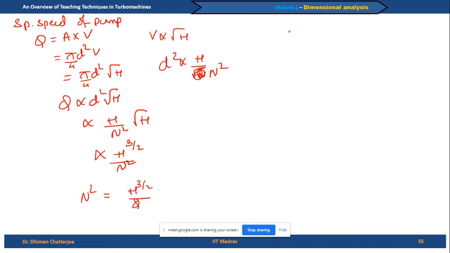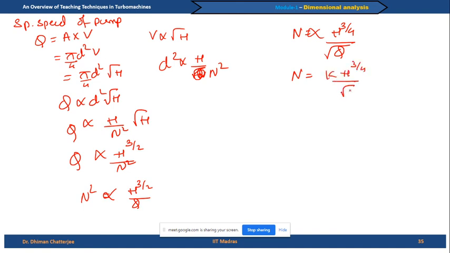So further this can be written as n directly proportional to h raised to 3 by 4 by root Q. So further, if I remove the proportionality, n equal to k h raised to 3 by 4 by root Q. So now let h equal to 1 meter, and Q is equal to 1 meter cube per second.